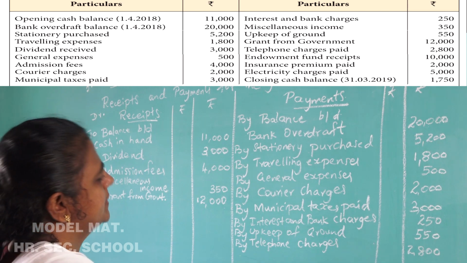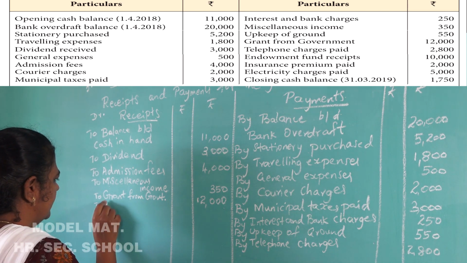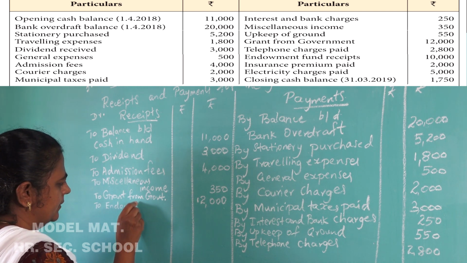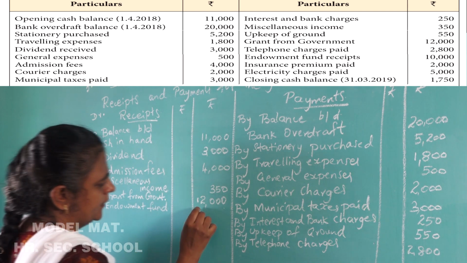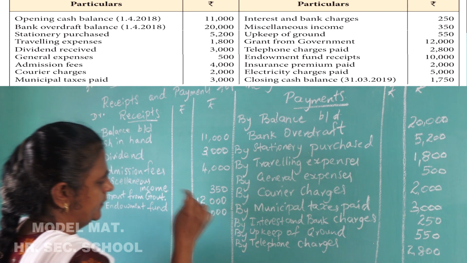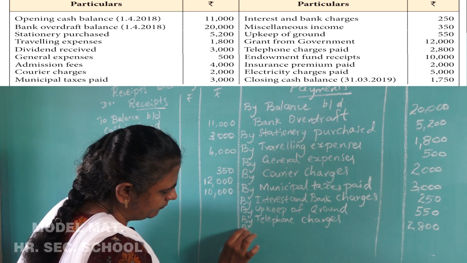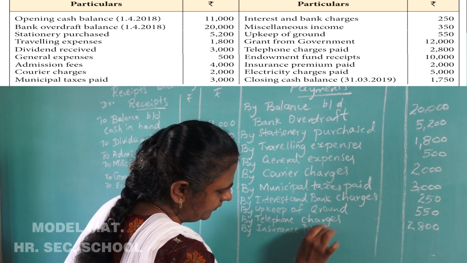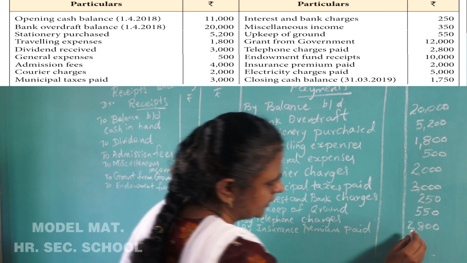Endowment fund receipts 10,000. So that you write here to. It's a receipt. Endowment fund, it's a receipt, 10,000. Insurance premium paid 2,000. By insurance premium paid, it's 2,000.